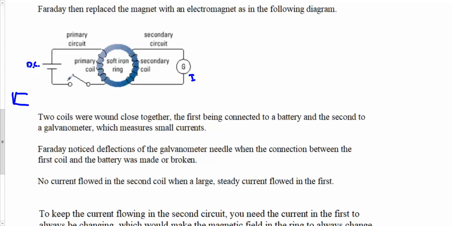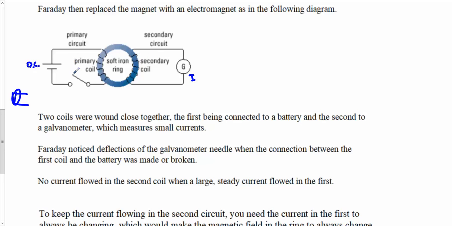So when he closes it, current starts to flow here, and the current starts to flow here. It makes a magnetic field around these wires. The iron ring transfers that magnetic field over to here, and that magnetic field, as it's changing right in this area, as it's going from 0 up to some value, makes current flow over here.